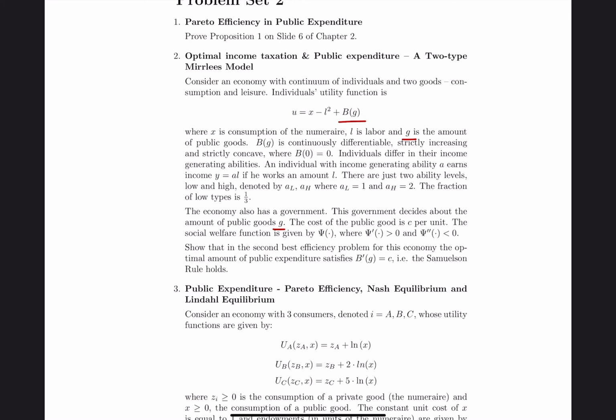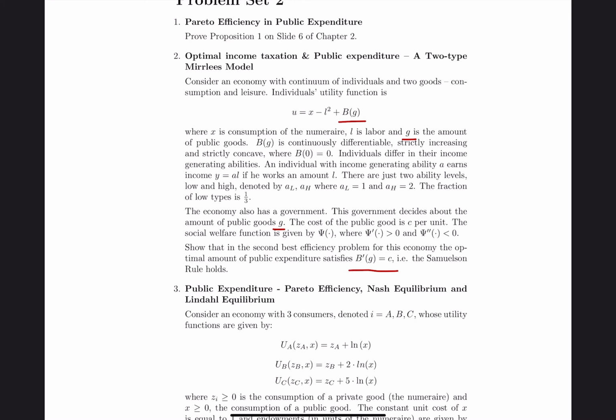And what we are asked to do is to show that in the second best efficiency problem, so when the government cannot observe the ability of the individuals but only the income, the optimal amount of the public expenditure satisfies the following equality: the marginal utility of the public good equals the production cost of the public good here.